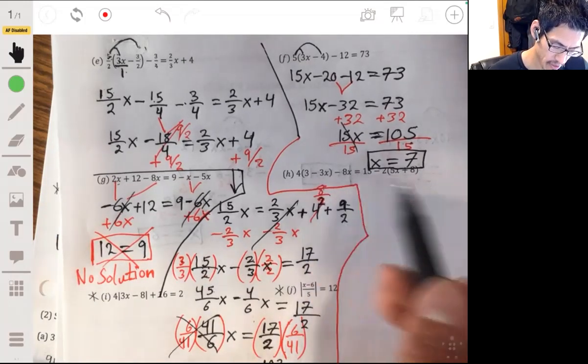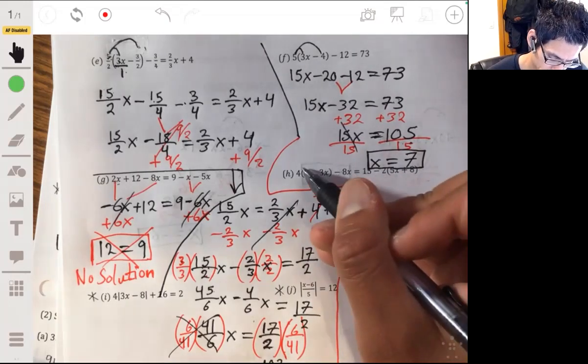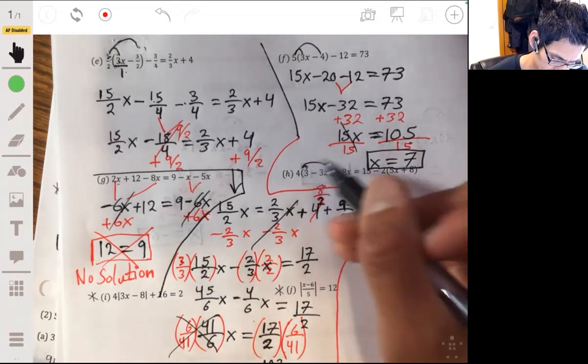Now for h. Okay, so let's squeeze this in here. 4 times 3 minus 3x.